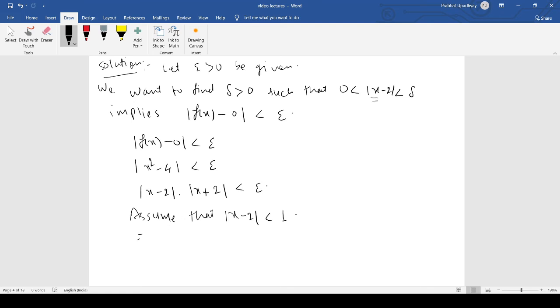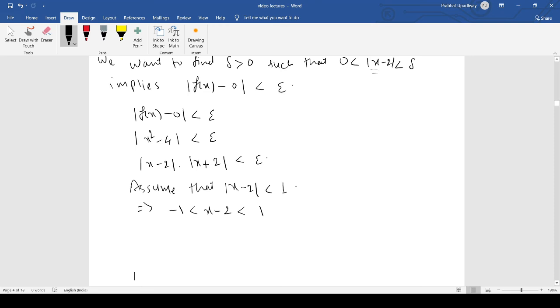What does it imply? This will imply minus 1 is less than x minus 2, and this x minus 2 will be less than 1. If you add 2 to this inequality, you will have 1 less than x less than 3. I want a condition on x plus 2. So what you do now, you add 2 to this inequality.